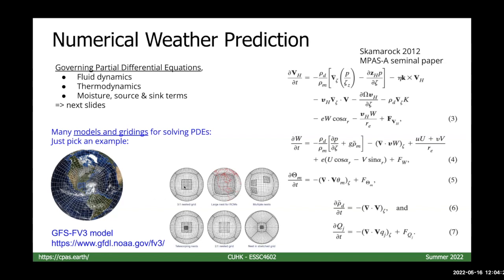The governing equation says the rate of change of the physical quantity at this point is related to itself and some other variables, and also has some relationships about the spatial distribution of these quantities.